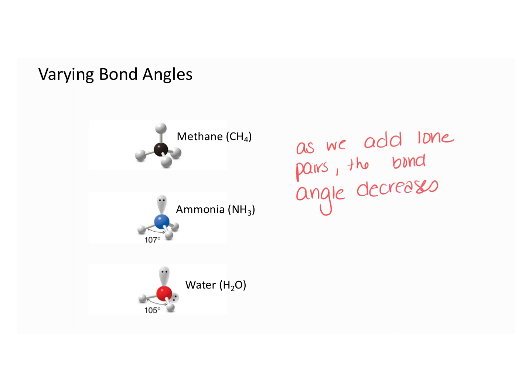And so what we see here with methane is 109.5 degrees, and then ammonia is going to have 107, and water is going to have 105, because the lone pairs take up more room, and so they compress the bonded atoms together, reducing the bond angle.